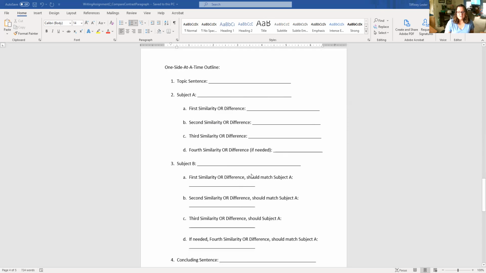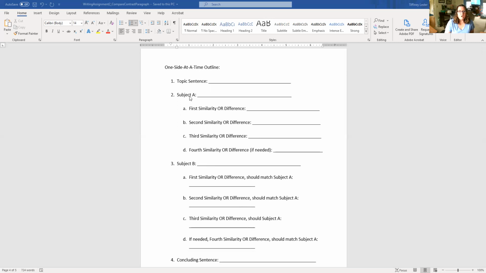The first similarity or difference should match up here. So for instance, with online classes, if the first thing we talked about was interacting with instructors, then here for on-ground classes, the first thing we're going to talk about is interacting with instructors. If our second thing up here for online classes was how we interact with classmates, that's the second thing we're going to talk about down here with on-campus classes.